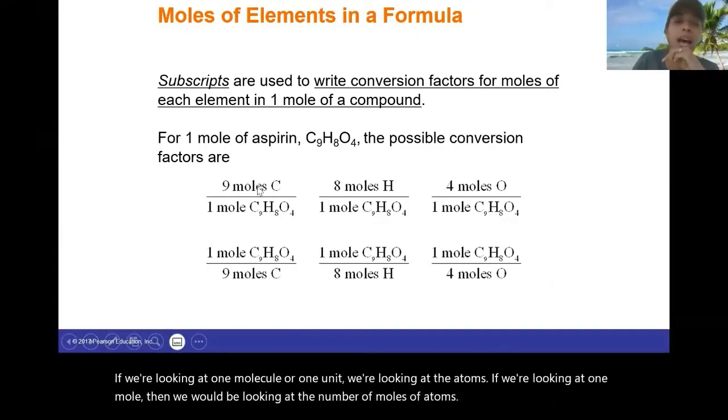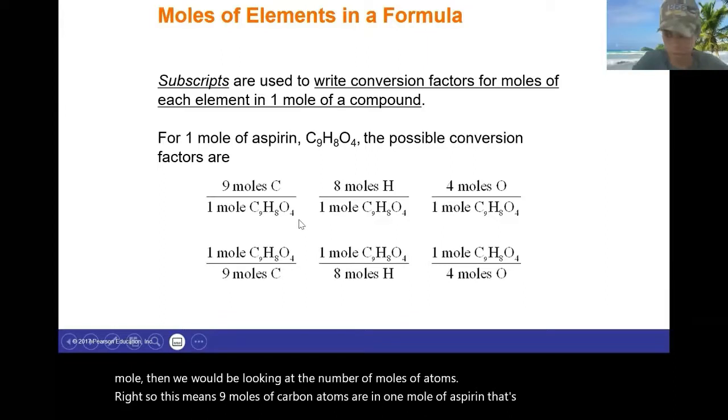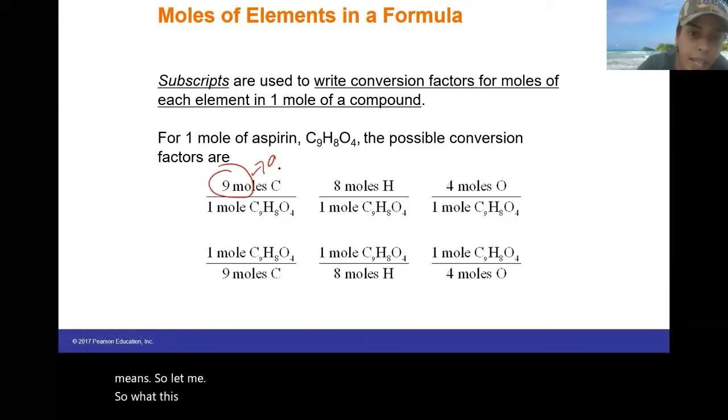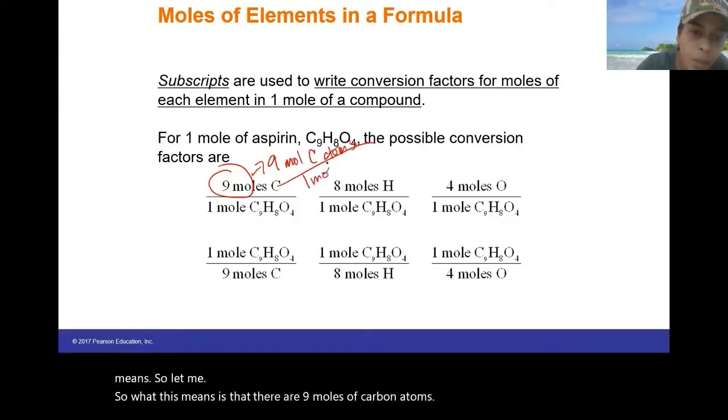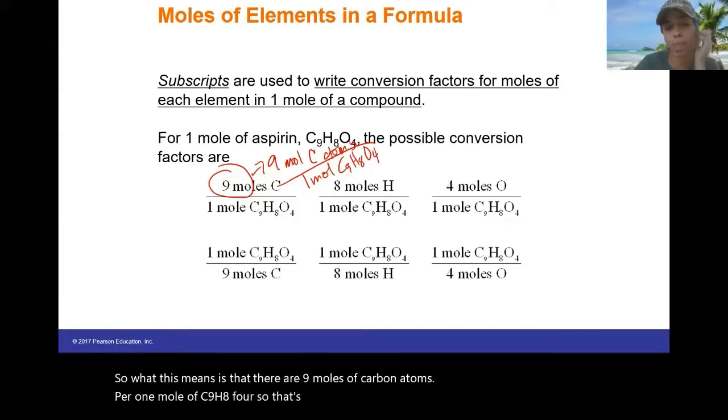So this means 9 moles of carbon atoms are in 1 mole of aspirin. That's what that means. So what this means is that there are 9 moles of carbon atoms per 1 mole of C9H8O4.